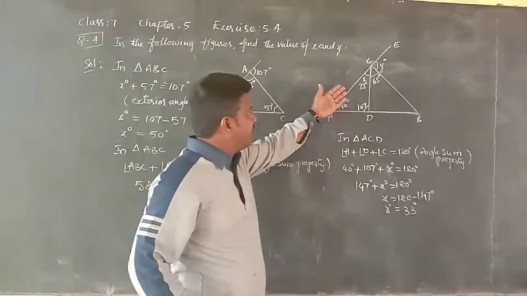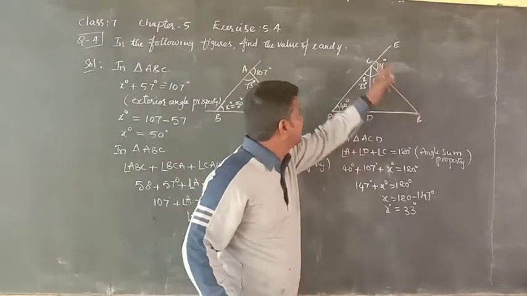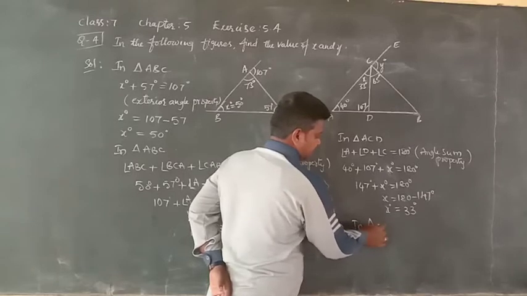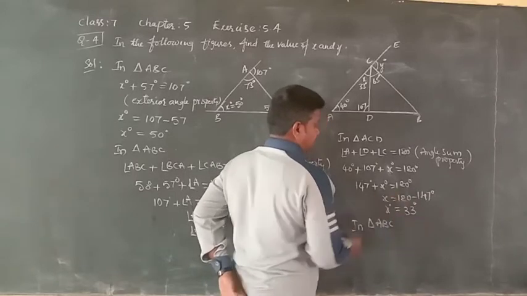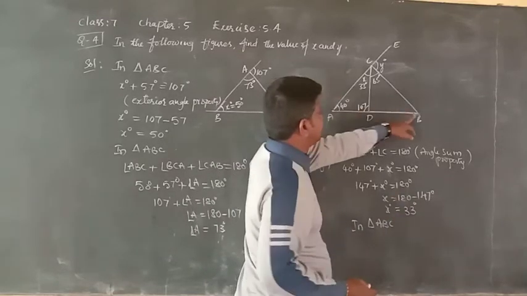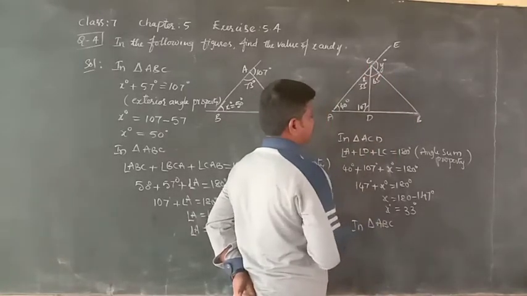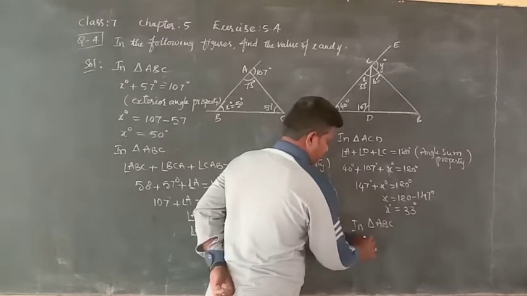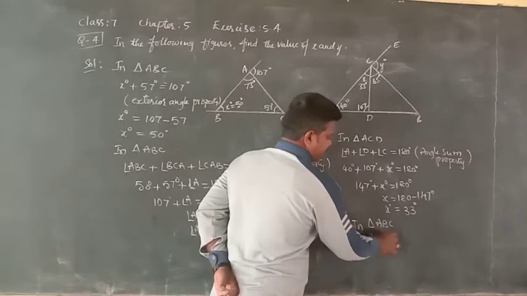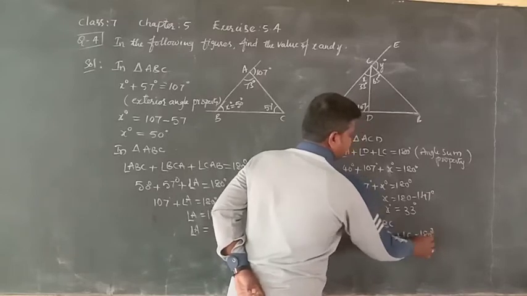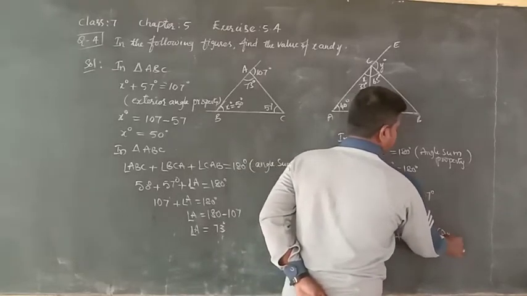Right. Then after that we go for triangle ABC. In triangle ABC, angle A plus angle B plus angle C is equal to 180 degrees. This is also the angle sum property.